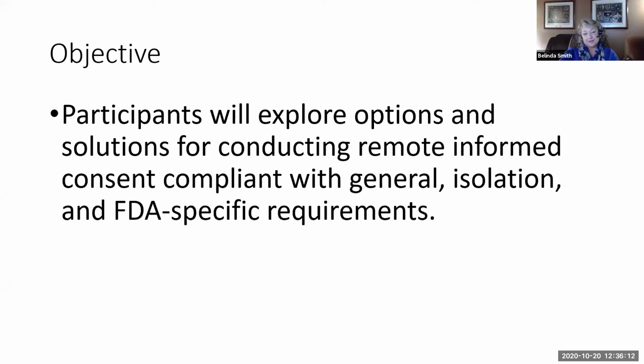So the objective for today will be to explore options and solutions for conducting remote informed consent, but we want to be compliant with the general requirements that have not changed. Then we'll look at some situation specific things like isolation patients, and how your options vary depending on the regulations that apply.